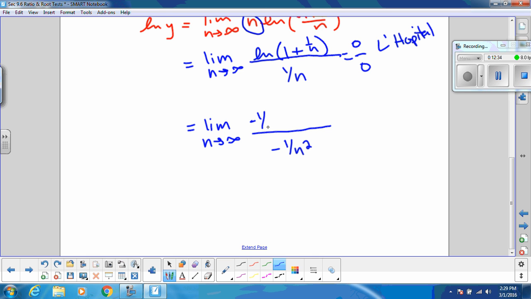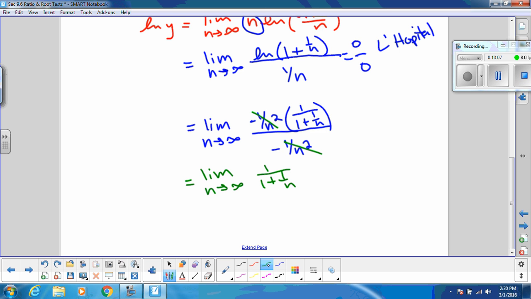Remember, the derivative of 1 is 0, and the derivative of 1 over n is negative 1 over n squared. So that's my u prime over u, that's going to be negative 1 over n squared over 1 plus 1 over n. Okay, so basically the negative 1 over n squareds cancel, and I'm taking the limit now of this guy.